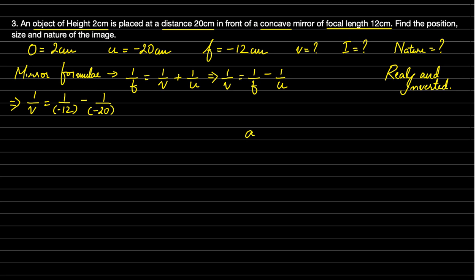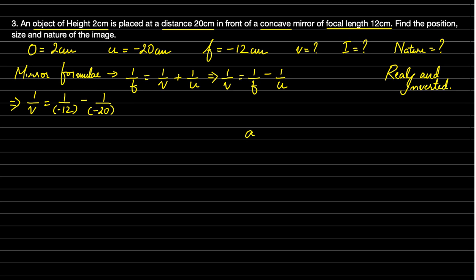So now we need to find I. For finding I, we know the formula for magnification as M is equal to minus V by U is equal to I divided by O. Now, did the question ask us to find magnification? No, right? So what we would do is, I need to find the value of I, so this is not required.